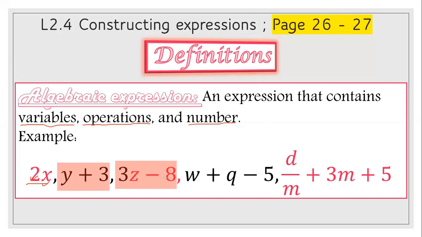I have two numbers, a letter, which is a variable, and an operation. I can say w plus q minus 5. Variables, which are letters, an operation, and a number. I can say d over m plus 3m plus 5. All of these are algebraic expressions.